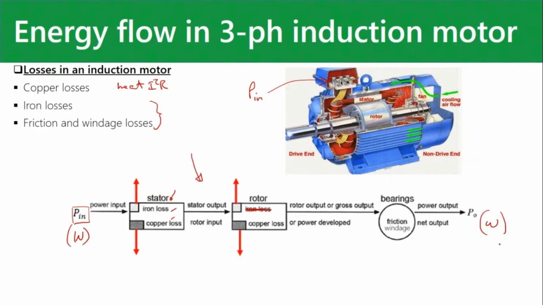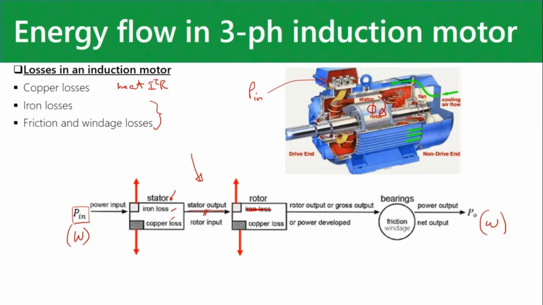So then after your stator losses, you have stator output power. And what does that equal? It's output power via the magnetic field, which equals rotor power. So that's the power input to the rotor. Then you have heat losses in the rotor.